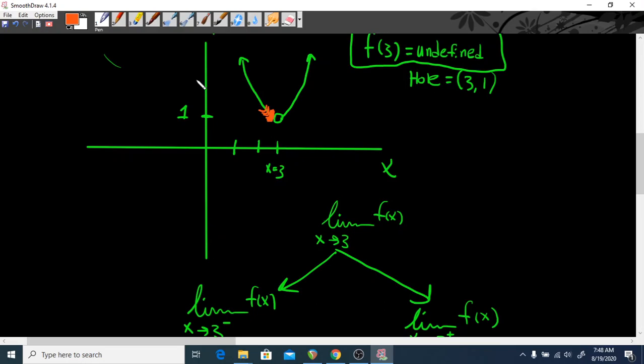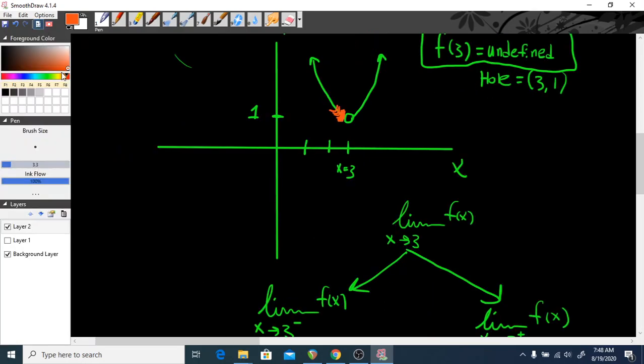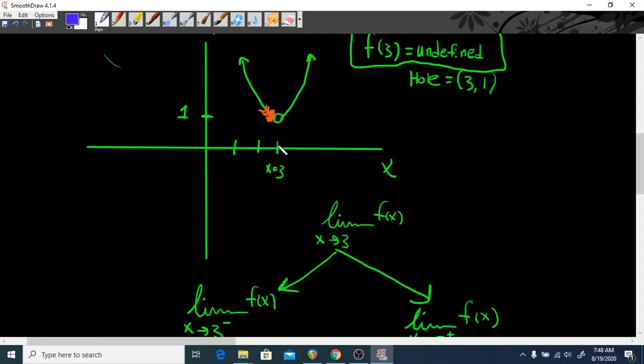And the same is true for the right-hand limit. So if x equal 3 from the right, here's 3. I'm going to go immediately to the right, and I want to sketch closer to that.